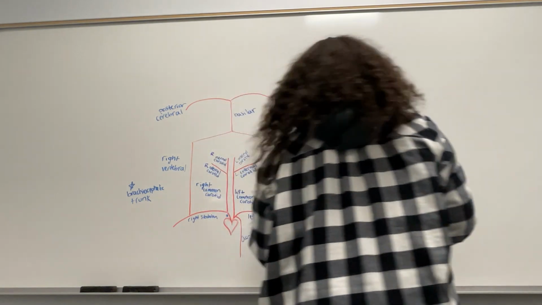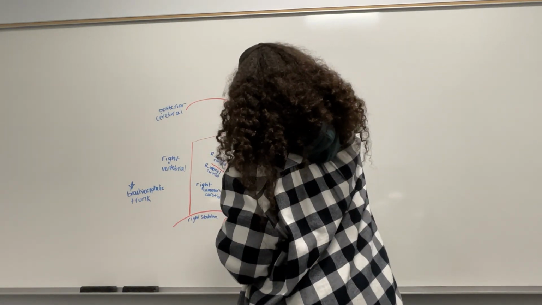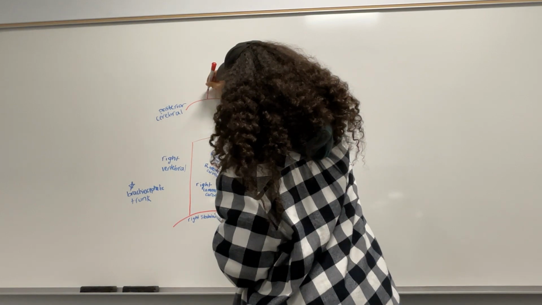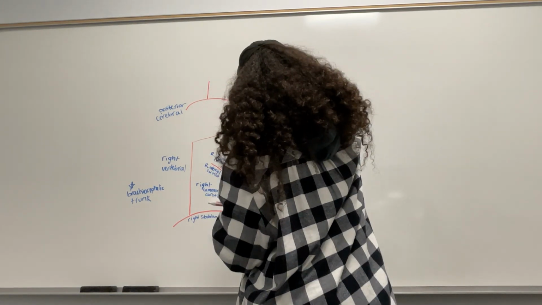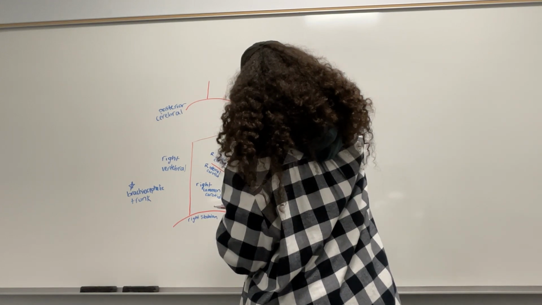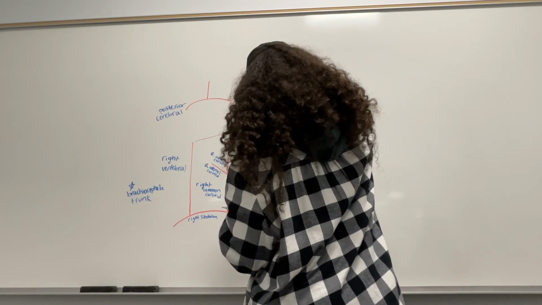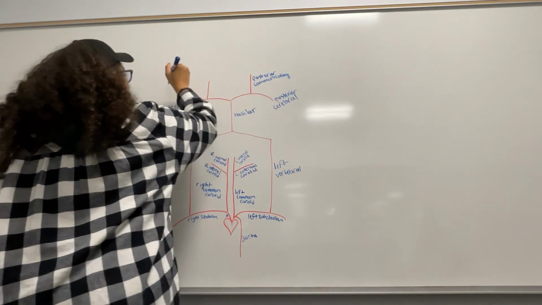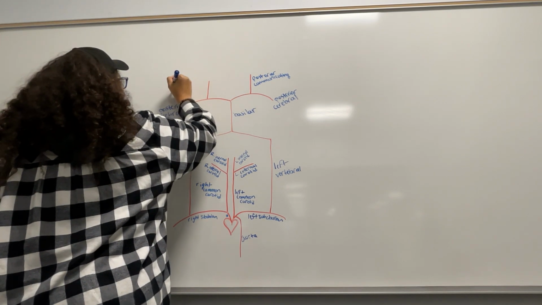Branching superiorly off of the posterior cerebral, we have the posterior communicating. And this is the same on both sides. So this is also posterior communicating.